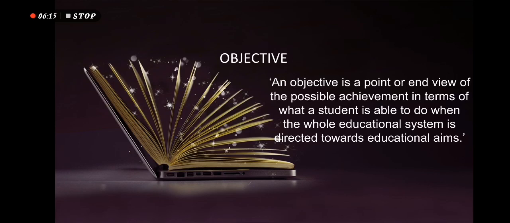It is a statement of what students should be able to do at the end of the learning period towards the realization of an educational aim. Thus, an objective is a part of the aim which a school can hope to achieve. Hence, objective is a narrower term when compared to an aim.